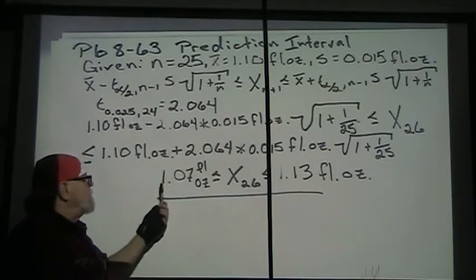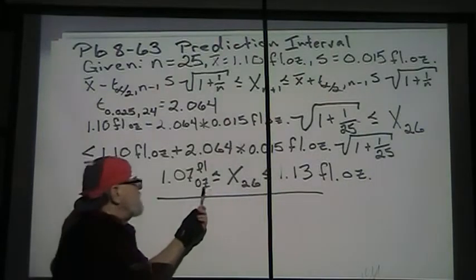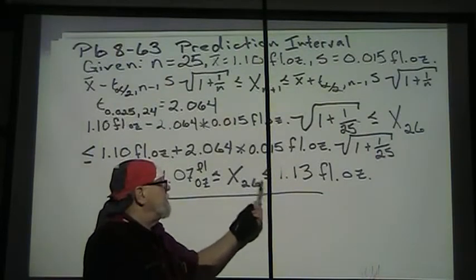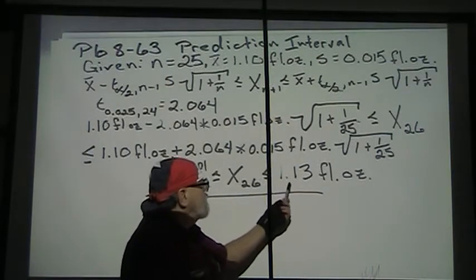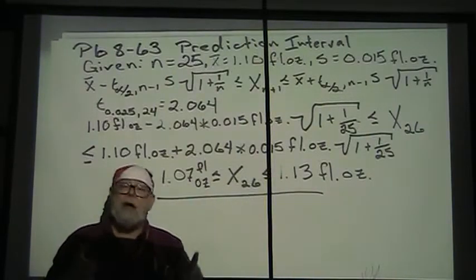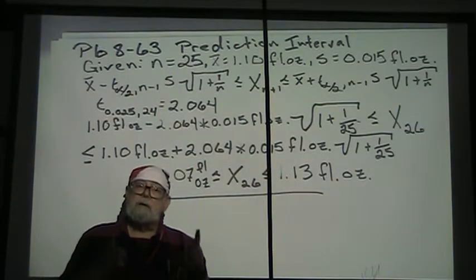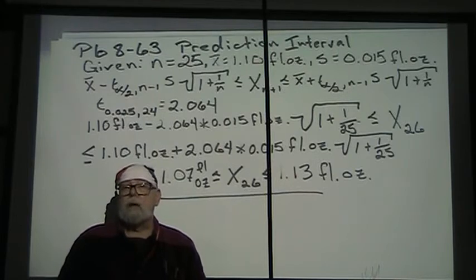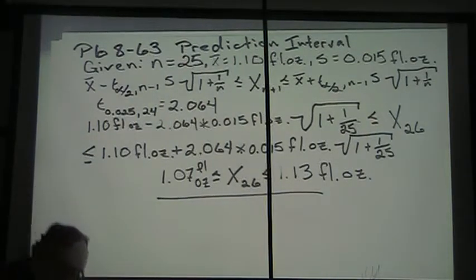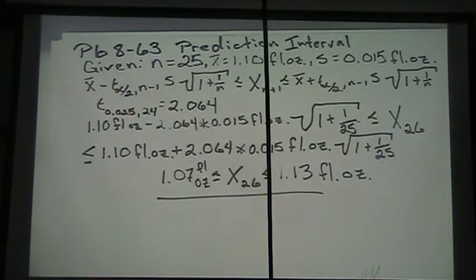All right, so 1.07 fluid ounces is less than or equal to x26, our next sample, which is less than or equal to 1.13 fluid ounces. All right, so that's a pretty tight prediction interval. And I'm curious to see what the confidence interval is.